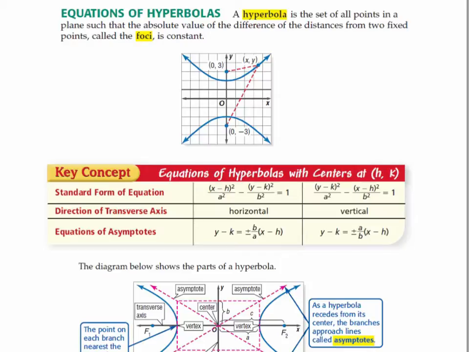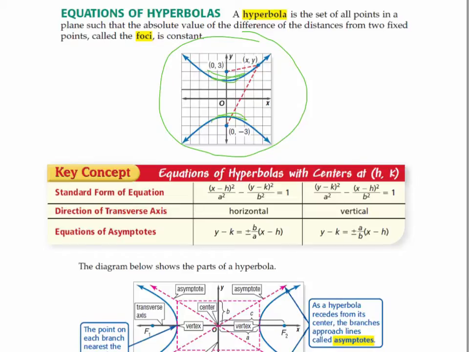So the difference between the two equations is that in a hyperbola, you need to look for the minus sign, and that will tell you which direction it's opening. The example right here has the hyperbola crossing the y-axis right here and right here.